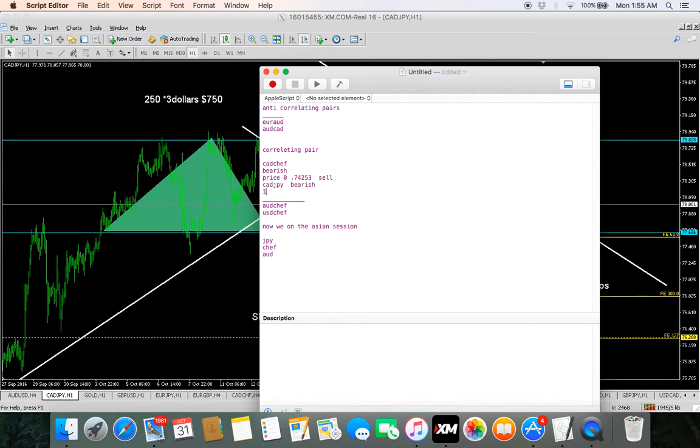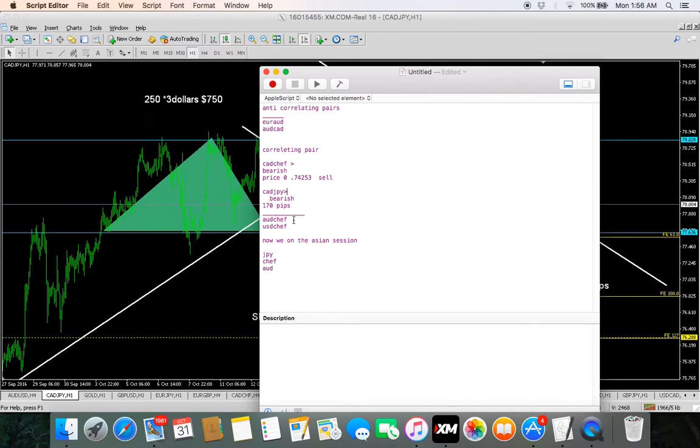Okay, 170 pips target from now. Okay, fine. So we see now that this supports our analysis. These are correlating pairs, and they are all showing bearish confirmations. Okay, so fine, we're done with this pair.